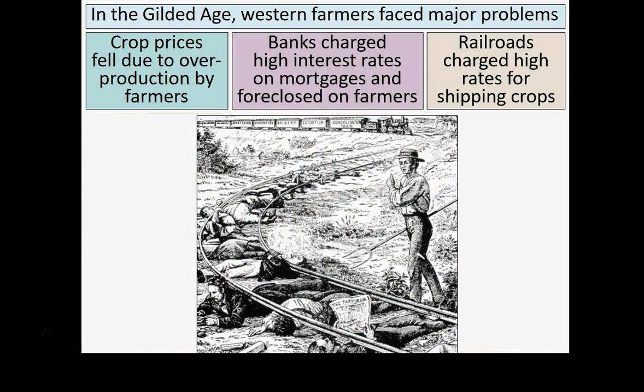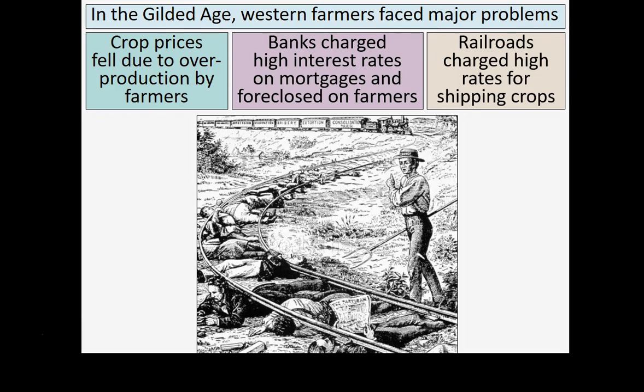In this era, crop prices begin to fall because of overproduction by farmers, which means they are planting more crops than they can sell. They're producing too many crops. We also see banks charging higher interest rates on mortgages, and when the people can't pay their mortgages, the banks will then foreclose on their farms or take their farms away.